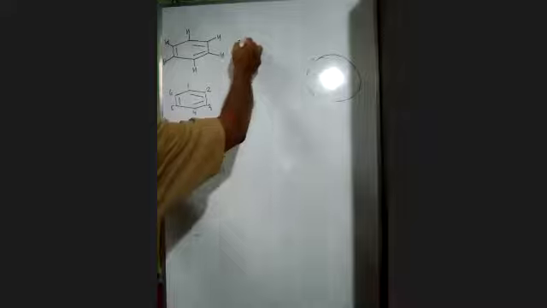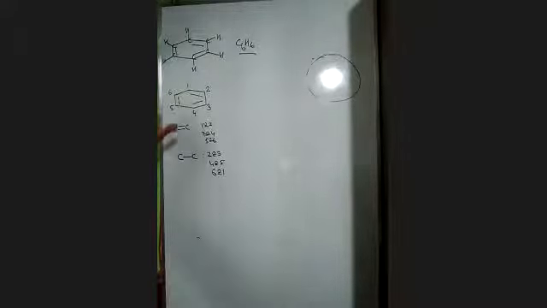Let me write it. 4 and 5, and 6 and 1. See, this is benzene. The benzene formula is C6H6. This is the structure of benzene. But we generally draw benzene without hydrogen and without carbon.